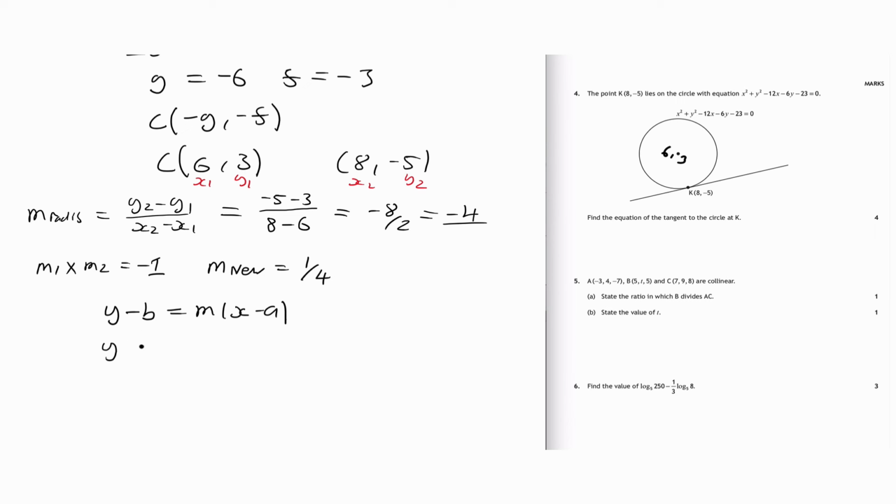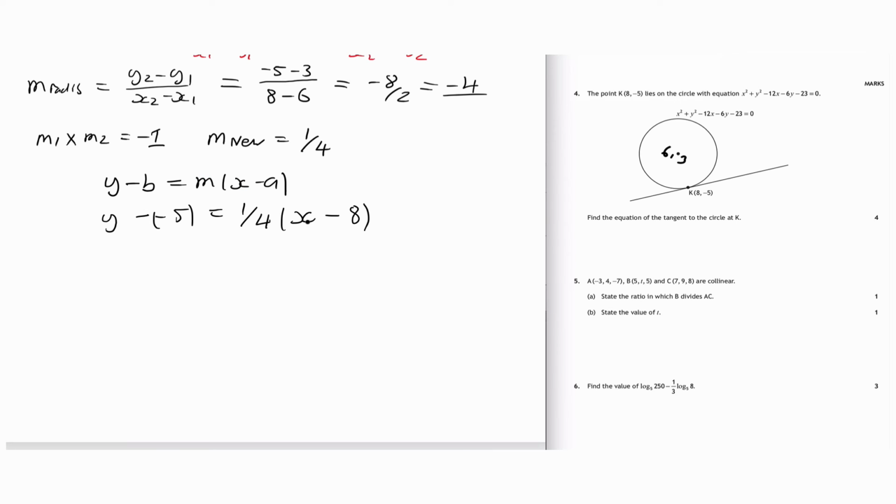So y minus minus 5 equals 1 over 4 times x minus a, which is 8. So this then becomes y plus 5 equals x over 4 plus 8 divided by 4 is 2. That's not plus, that's minus.